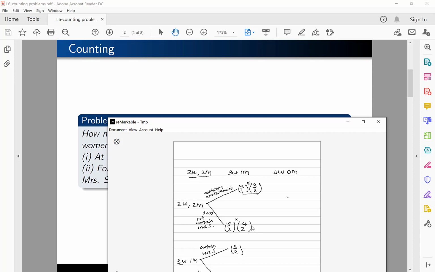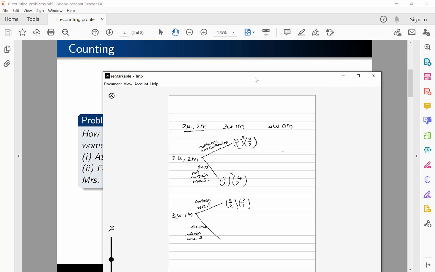Now we cannot choose Mr. Schmidt, so we have 3 men, out of which we are choosing 1. The other possibility is that it does not contain Mrs. Schmidt. So we are picking 3 women, but now we have only 5 women to choose from, because we're excluding Mrs. Schmidt. In men, we are free to include Mr. Schmidt, so we have 4 choose 1 possibilities.